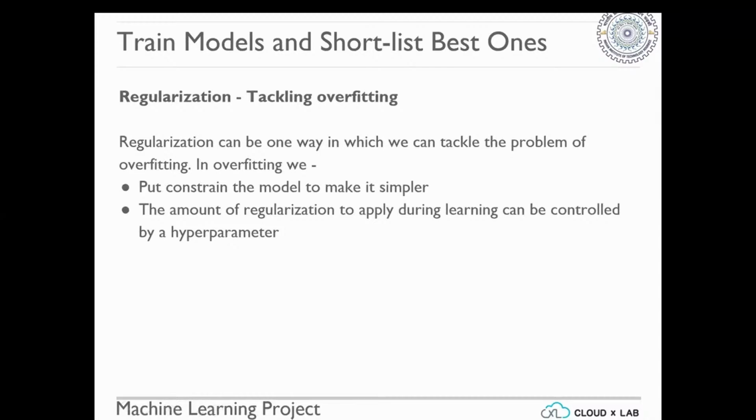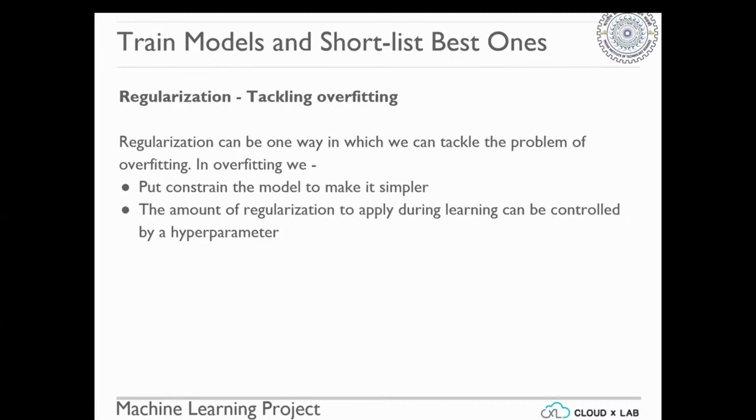So regularization is a technique using which we can prevent overfitting. Regularization means we will regularize model parameters, right? We will put constraints over model parameters so that we can learn a simple model. This amount of regularization we can control using a hyperparameter that is called the regularization hyperparameter.